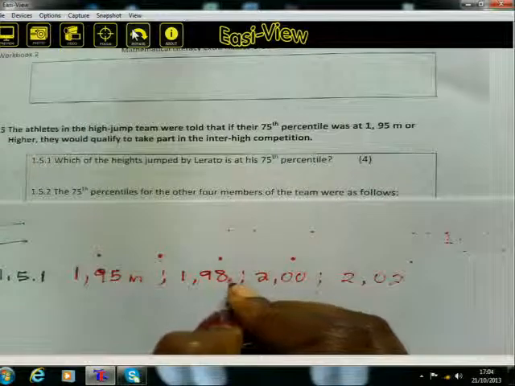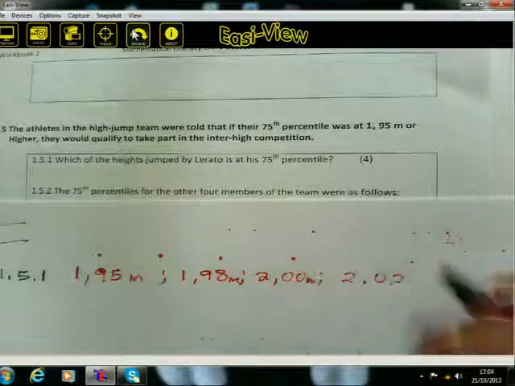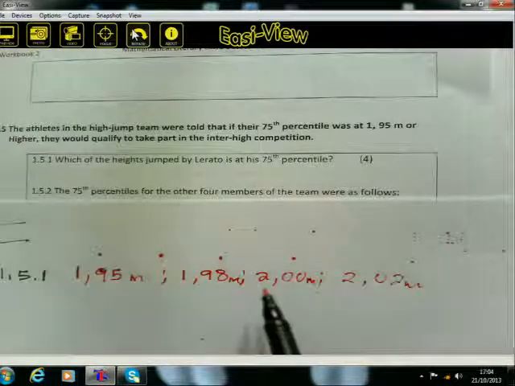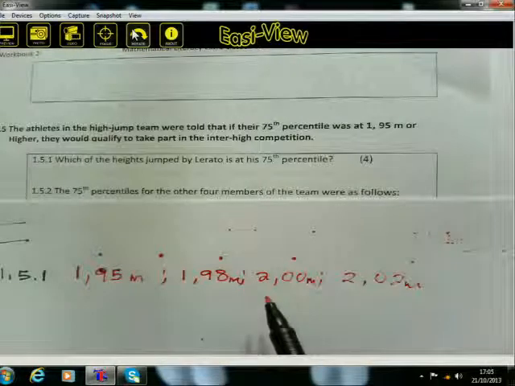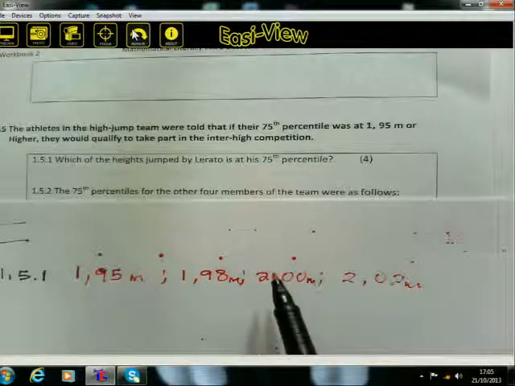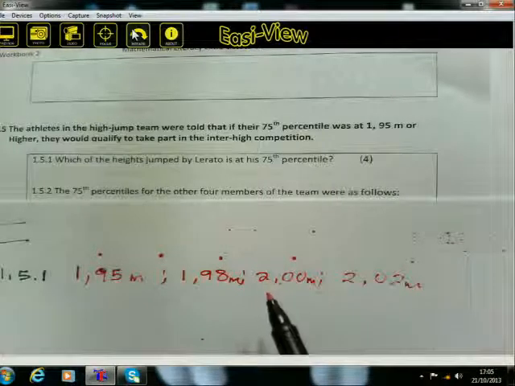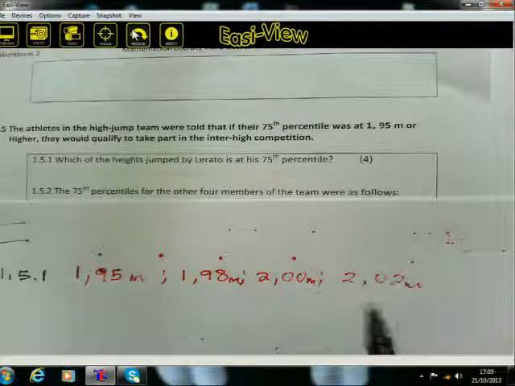You can write meters there after those. So those are the heights that Lerato had on his 75th percentile, because the scenario instructs us that at 75th percentile Lerato was at 1,95.